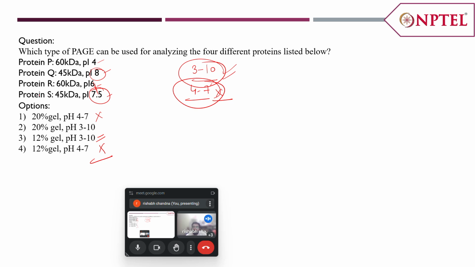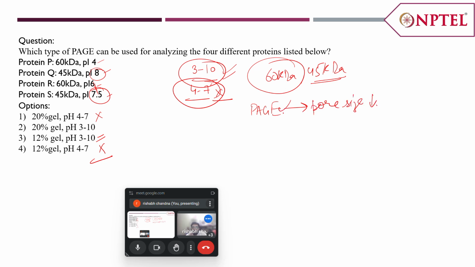Now we'll look at the molecular weight. So in this case, because the molecular weight is large, 60 kilodalton and 45 kilodalton are really large proteins. Okay, so we'll need a pore size large enough so that the proteins can pass through it. Okay, so if we use more concentration of PAGE, that means the pore size would be less.